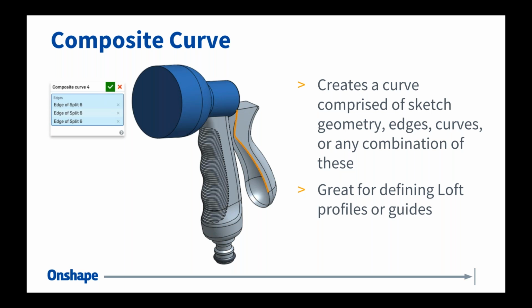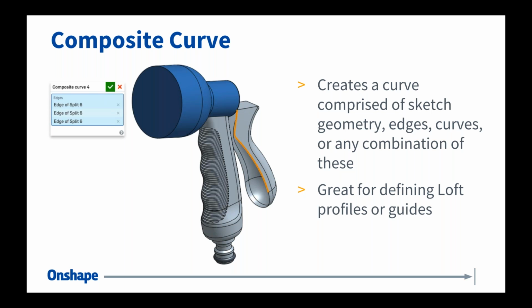The example I think is most common, at least the question I think this answers for most people today, is, how do I take a combination of lines and arcs and use it as guides for a loft, right? Right now, you can't do that unless you create a composite curve.